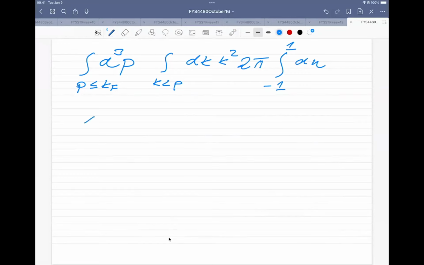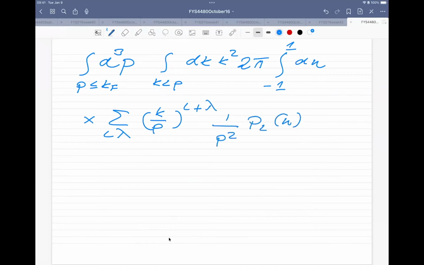And this is multiplied with the double sum over L and lambda. I have k divided by p, I'm just setting in the terms here, L lambda. And then I have 1 over p squared. And then I have P_L of u and P_lambda of u. And there is another term here where I'm now having an integral, I'm just writing it like this, with p less than k.